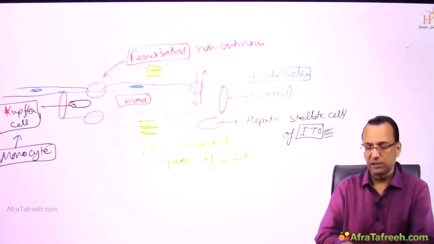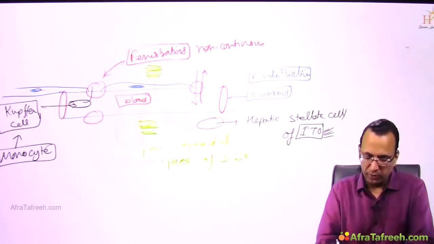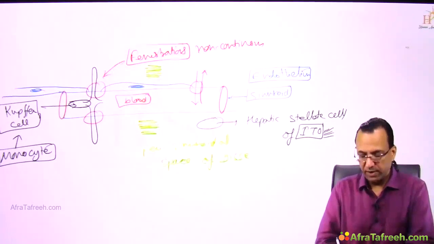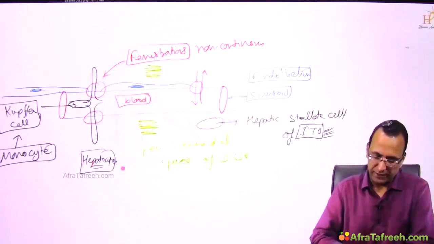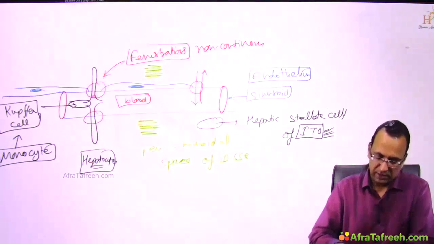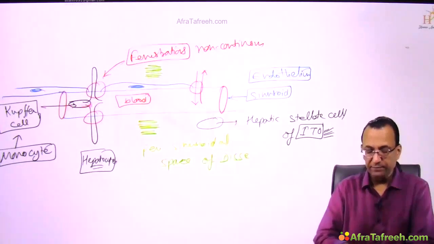That is their job. And they keep sending some pseudopodia into the vicinity of the hepatocytes. There are some hepatocytes here, and in the space of Disse in their vicinity you have the pseudopodia coming from the Kupffer cell.